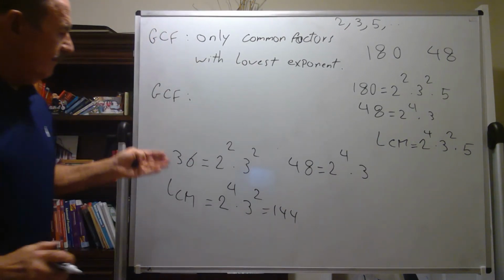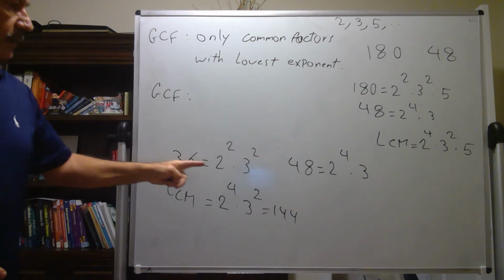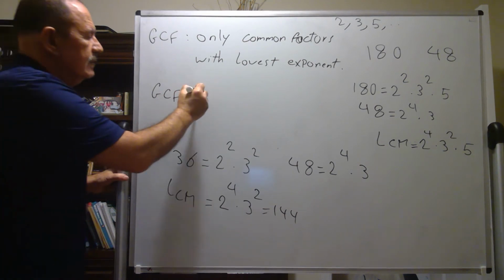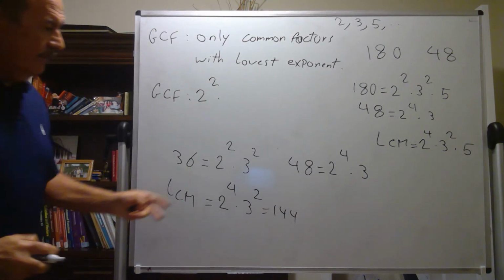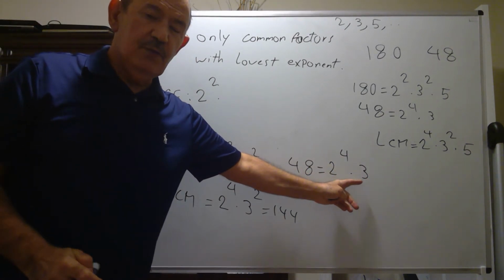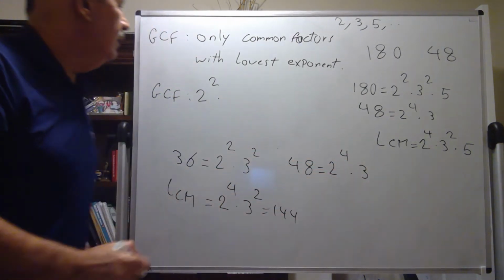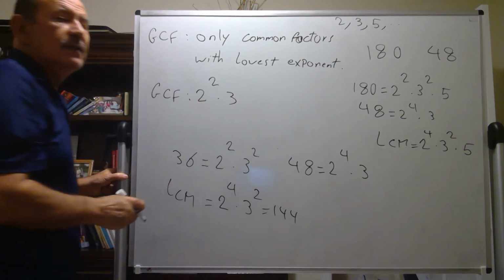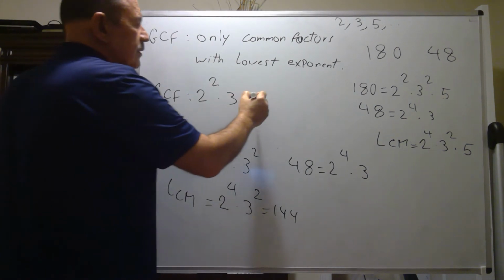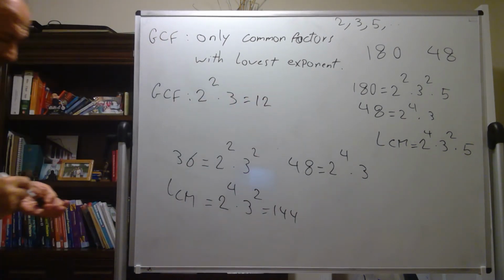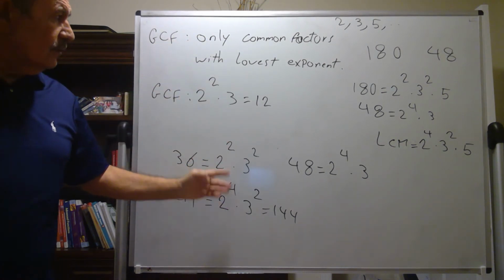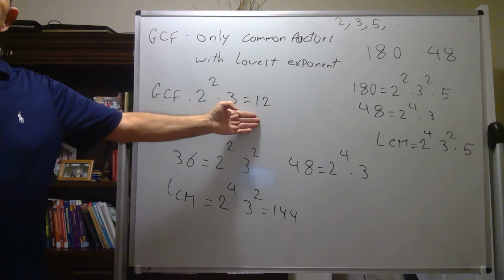Okay, the GCF of 36 and 48. 2 is common, but the lowest exponent, the smaller, you should choose is 2 to the power of 2. And for this one, 3 to the power of 2 and 3 to the power of 1, we use the lowest exponent, which is 1. So it's 2 to the power of 2 times 3 to the power of 1, which is 2 to the power of 2 is 4 times 3 is 12. Okay, this is the GCF. GCF is only common factor with the lowest exponent, which is 12.